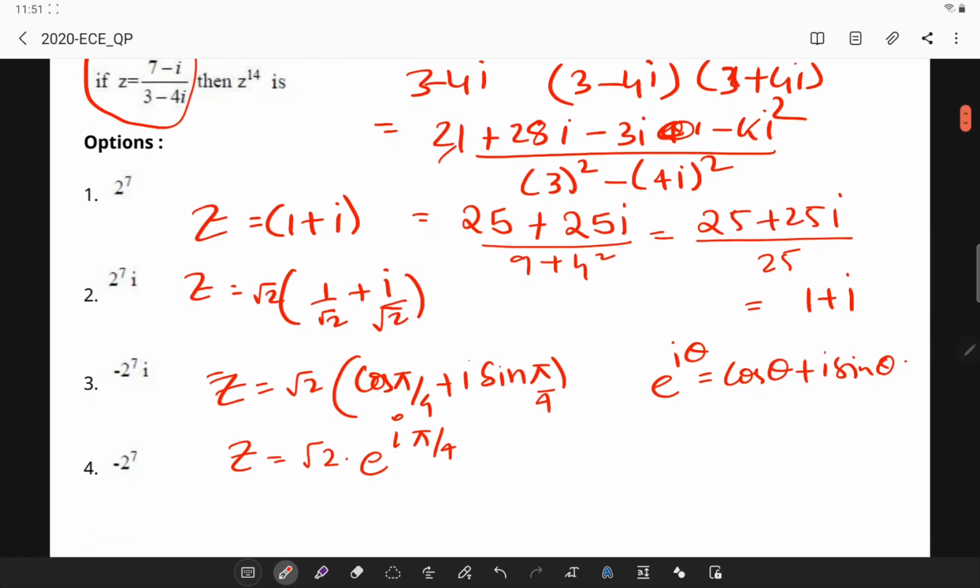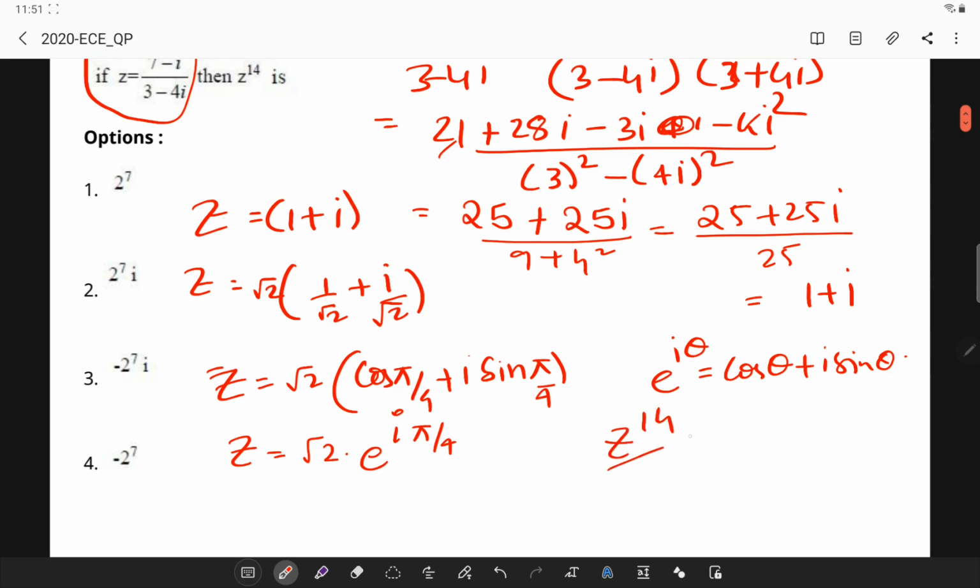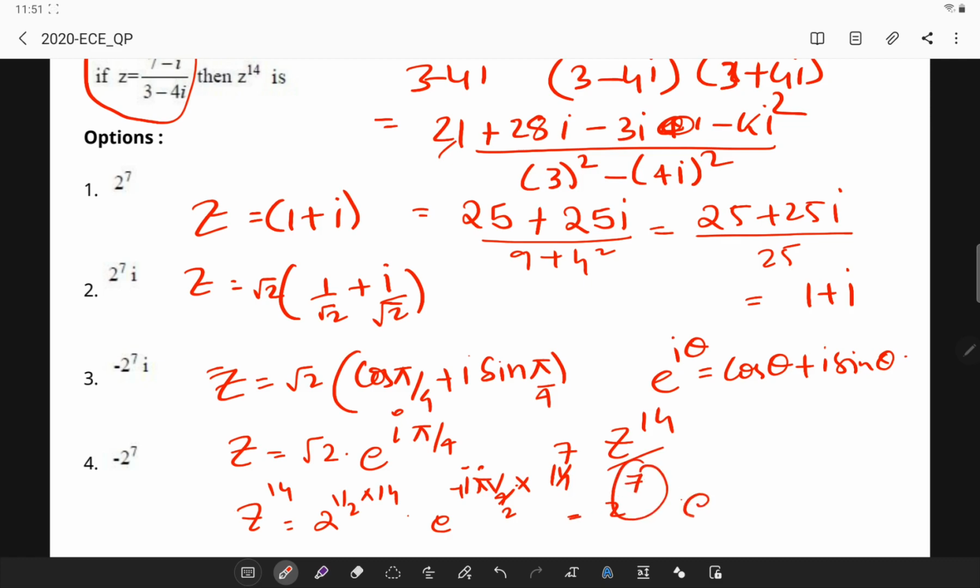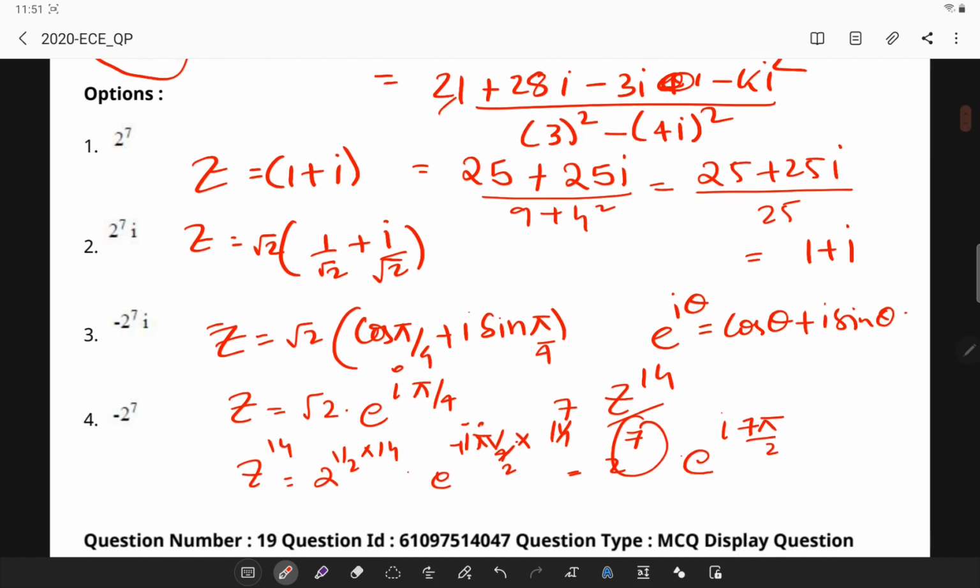But the question given is z power 14, and root 2 is 2 power 1 by 2. So z power 14 will be 2 power 1 by 2 into 14, into e power i pi by 4 into 14. So 2 twos are and 2 sevens are, so this will be 2 power 7 into e power i into 7 pi by 2.